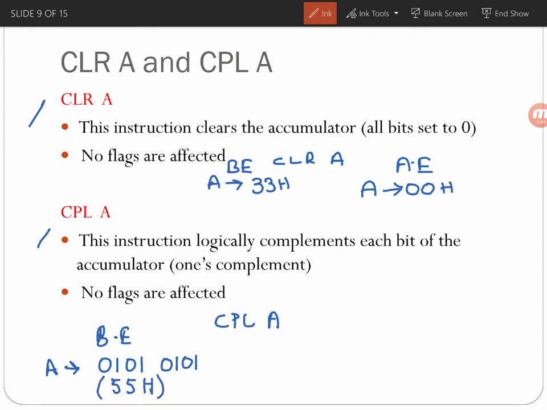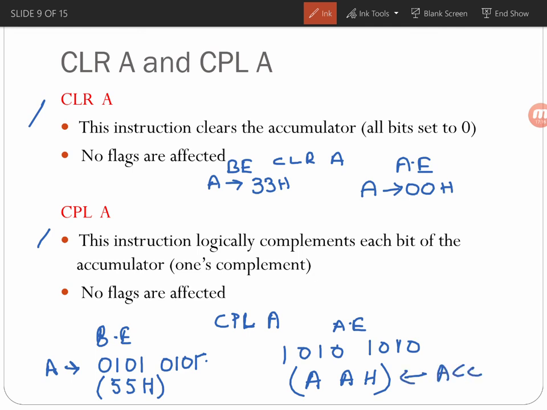Complementing the accumulator means complementing each bit of the accumulator. So after execution, the 0 has to become 1, the 1 has to become 0, the complement of it. So 1010 1010, nothing but AAH. So after execution, the accumulator will have AAH.